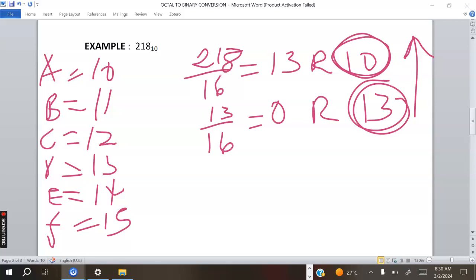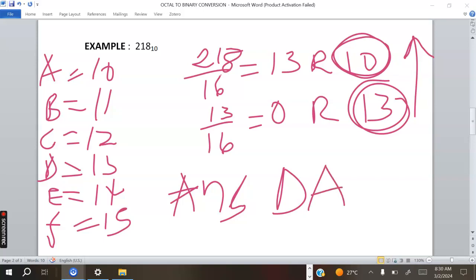Remember to read the answer upward. So my answer will be: 13 is equivalent to D, and 10 is equivalent to A. Then we have base 16. So the answer is D A, base 16.